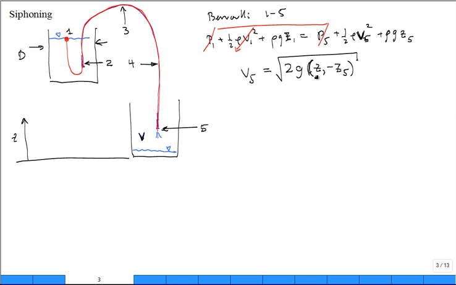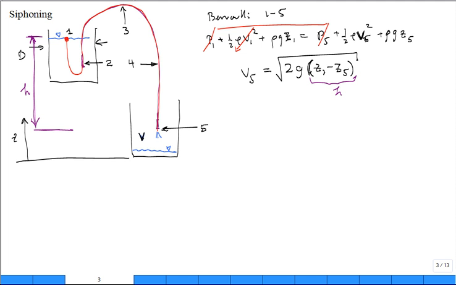So it depends on the height difference here. We could call that h. We could replace this by h.